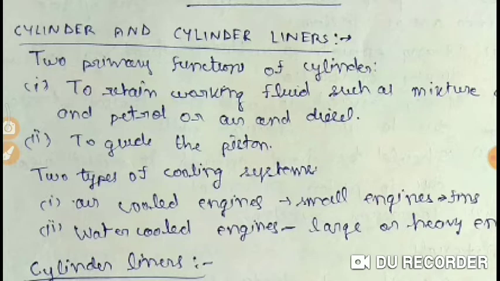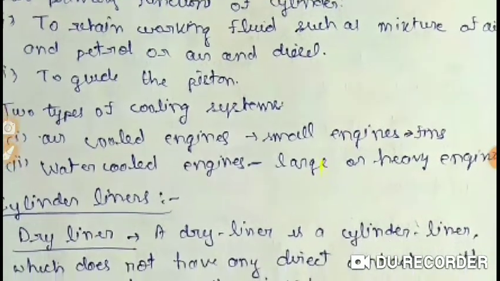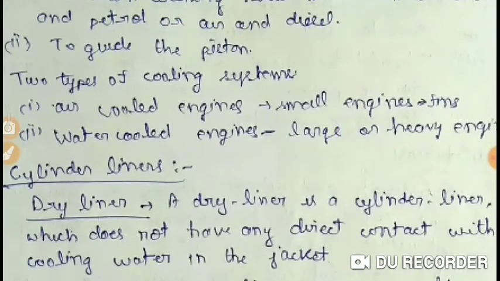Now, there are two different types of cooling system of the engines that you will be studying in automobile engineering in your next semester. The two basic names are: the first is the air cooled system, and the second is the water cooled system. The engines that use these systems are called air cooled engines and water cooled engines.